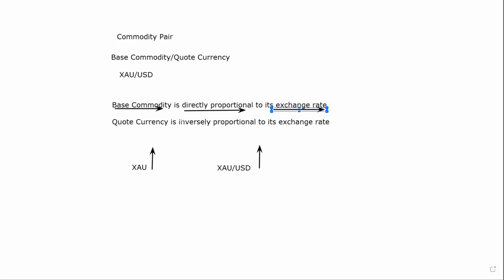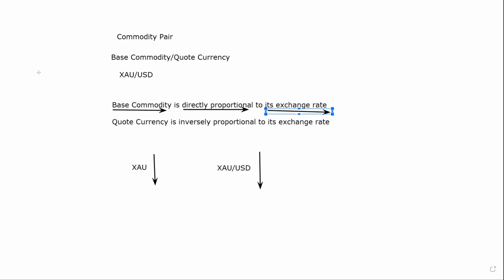When the value of gold goes down, the value of the XAU USD exchange rate also goes down. Why? Because the base commodity is directly proportional to its exchange rate.